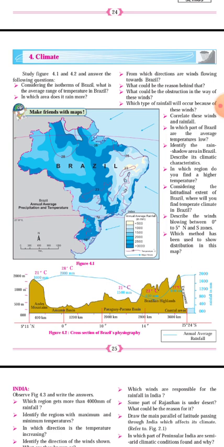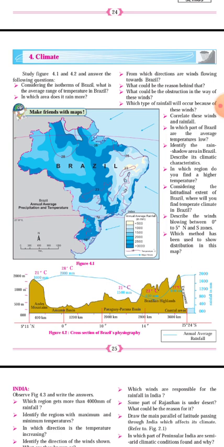During monsoon, we receive maximum rainfall. In your previous classes, you have already studied about isotherms. Isotherms are lines drawn on a map joining places of equal temperature all over the world.